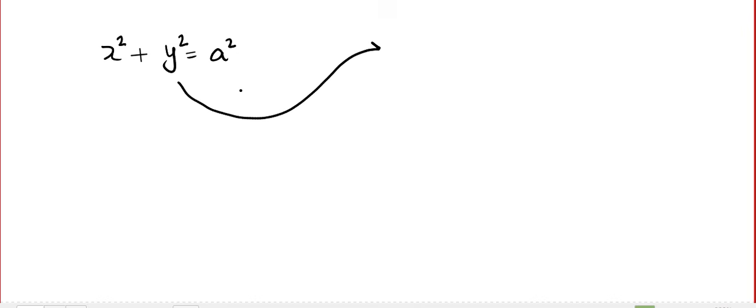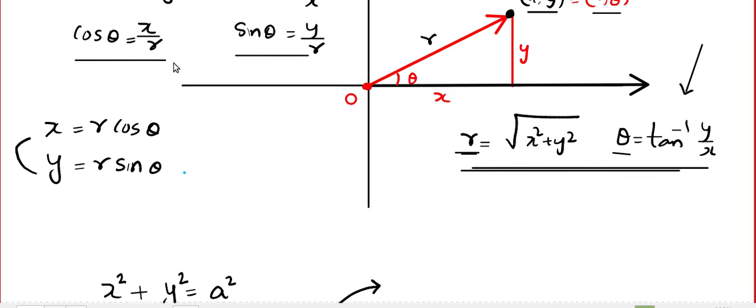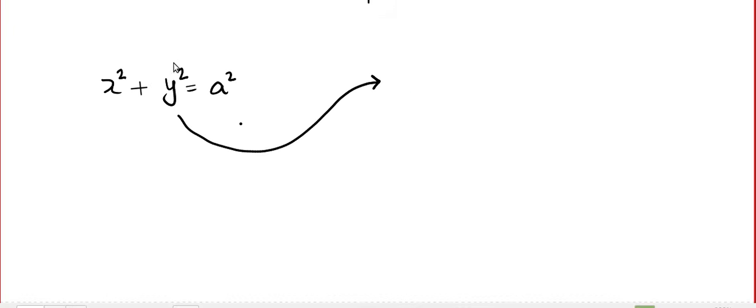Now, one more thing. Every picture in the Cartesian plane, for example, you learn that x square plus y square equal to a square is a circle. If you transform it into the polar language, it will look different, but the picture will be the same. x square plus y square is r square, so r square equal to a square, or rather r equal to a.